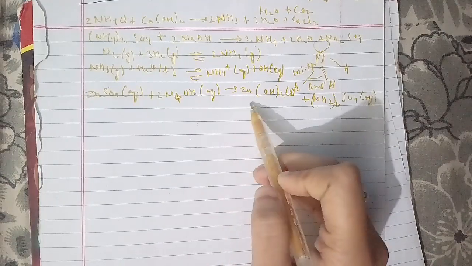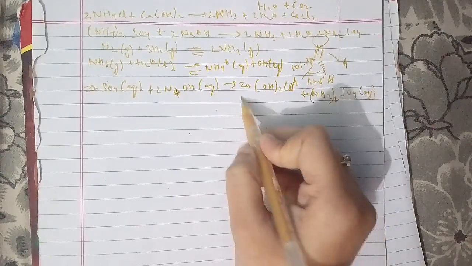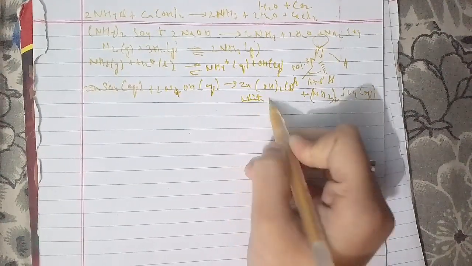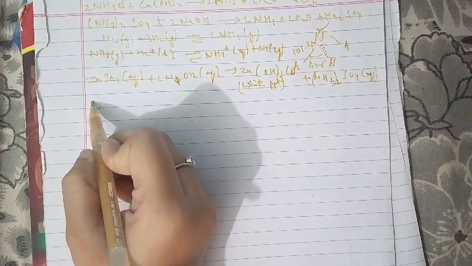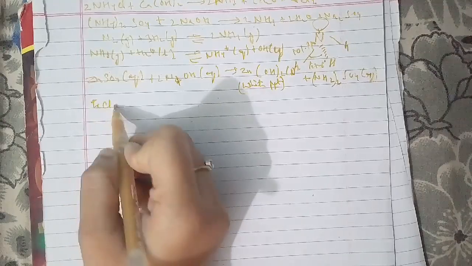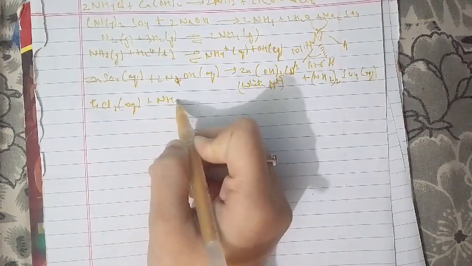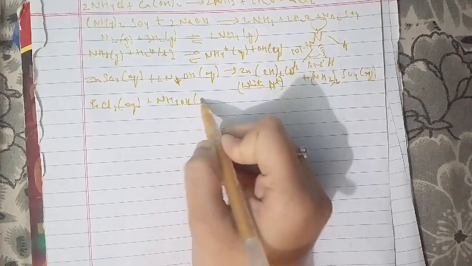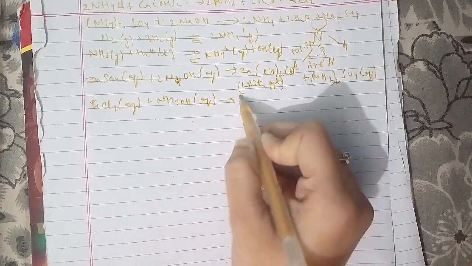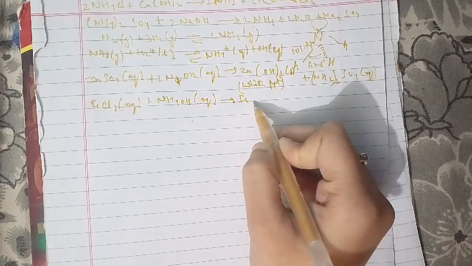Now for the another question we have, Ag+ aqueous plus Cl- aqueous will give AgCl, that is salt. And in the same case, Ag+ we have is colorless, and AgCl is a white precipitate.